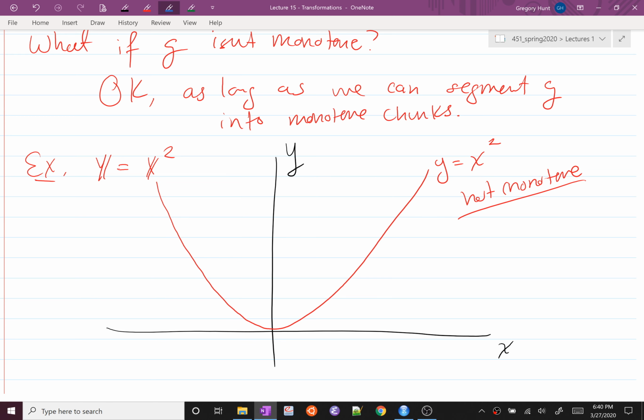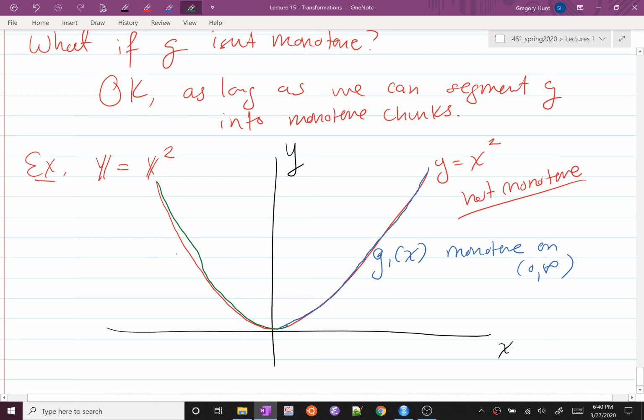However, if we break it into two chunks, if we look at just this part of it, let's call this g1 of x, this is monotone on 0 to infinity. It's increasing. And if we look at this other chunk here, we can call this g2 of x. This thing is monotone, now decreasing, on negative infinity to 0.